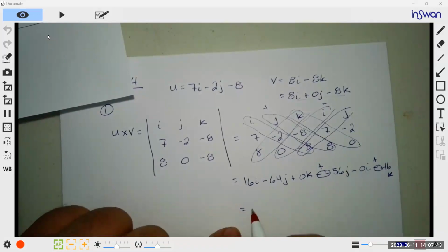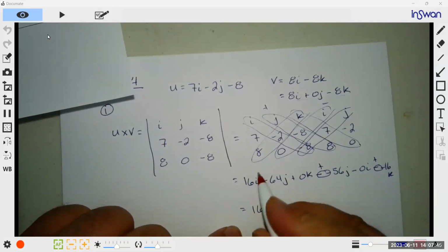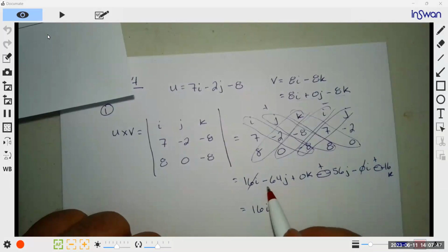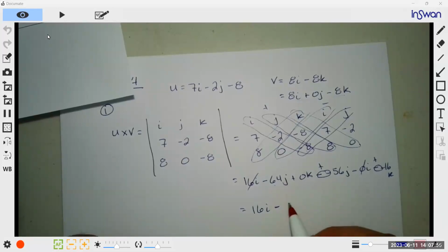16 minus 0 is 16i. -64 plus 56, so it's going to be negative, 64 minus 56 is 8j, and positive 16k.